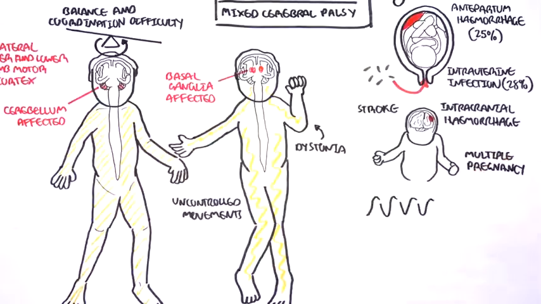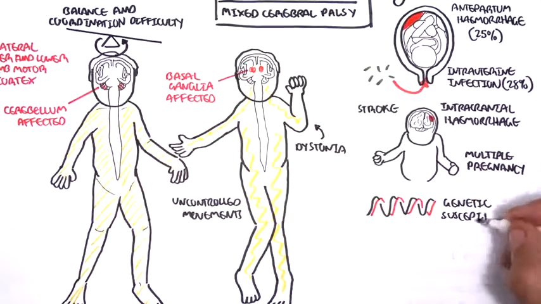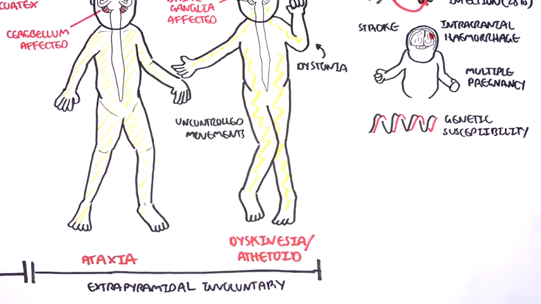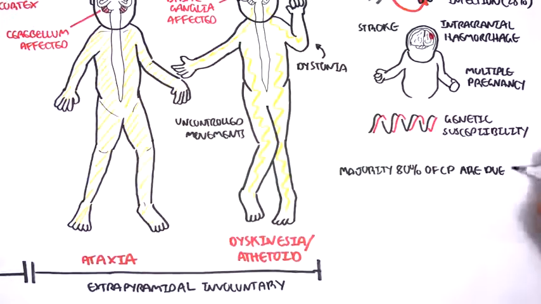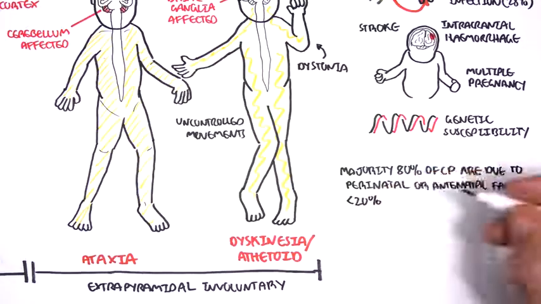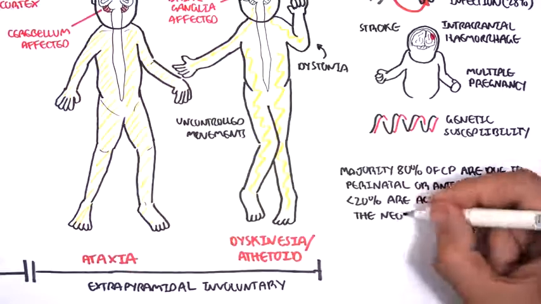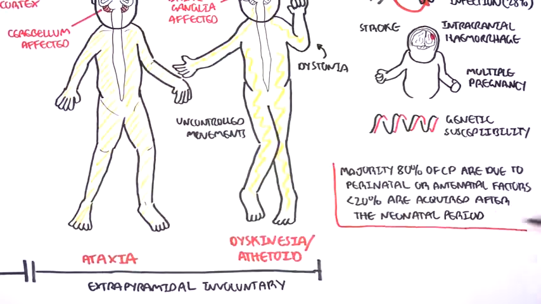A risk is if a mother has multiple pregnancies, and there's also possibly genetic susceptibility. It's interesting to note that the majority, 80% of cerebral palsy, are due to perinatal or antenatal factors, and less than 20% are actually acquired after the neonatal period.